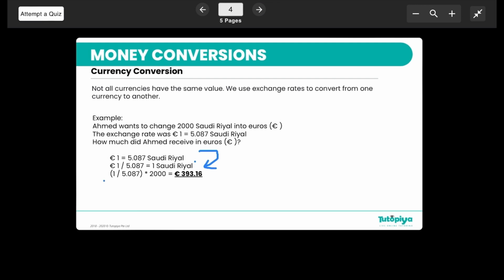I can then multiply that value by 2000 to give me the amount of euros, which is 393.16 euros.